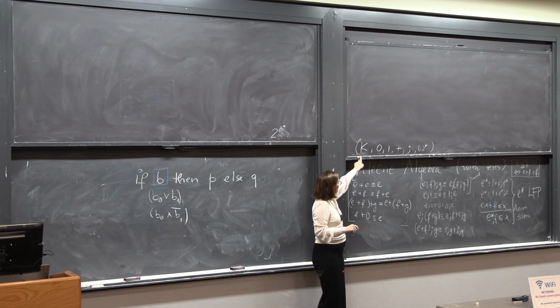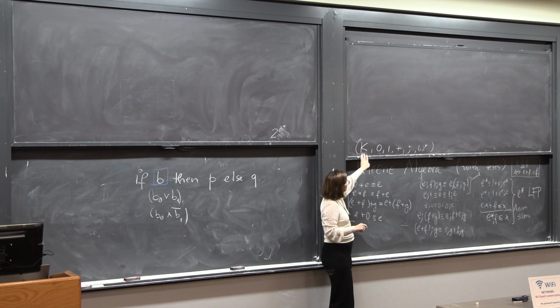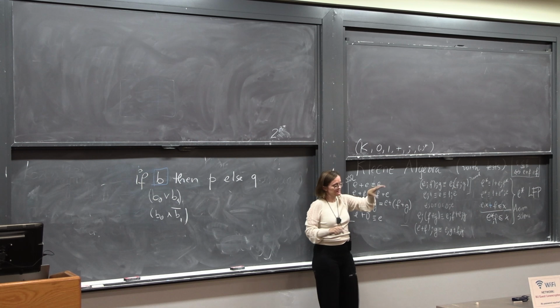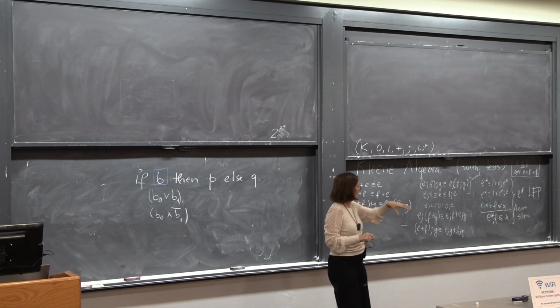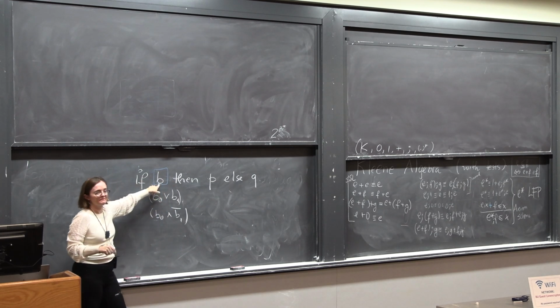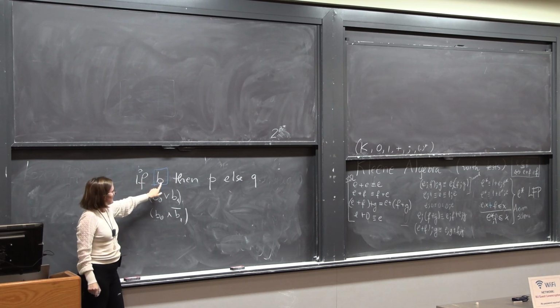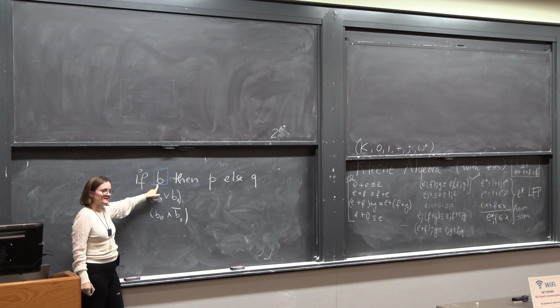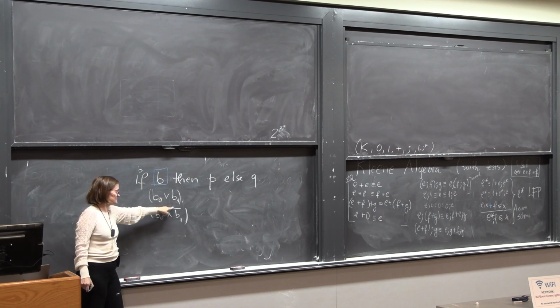So I want K to be a set that talks about programs or program actions, but also that talks about tests. And not only talks about tests, but actually captures the fact that those are tests, meaning that I can do or, and, negation, all kinds of things that you can do with tests.